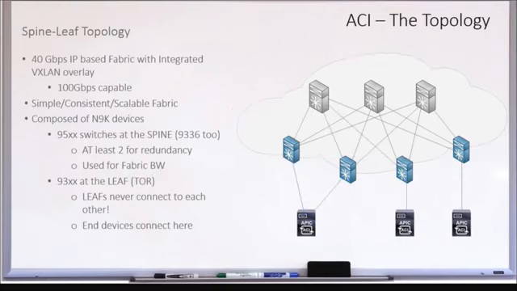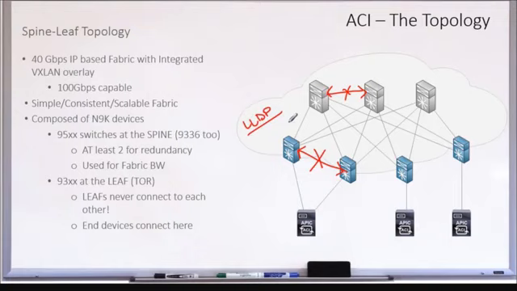Now, there are a couple caveats when you start constructing these topologies. For instance, you can never cable a leaf to a leaf. So if I tried to run a cable between these two guys, that would not be allowed. We also could not run a cable between 2 spines. Again, this is something that is just not allowed at this point in time. And the system will pick up on this. Basically, within the fabric, we're going to see that we're always running the Link Layer Discovery Protocol, or LLDP.